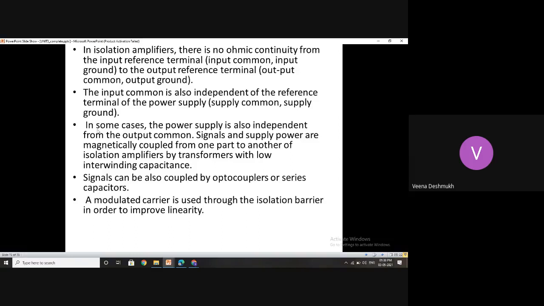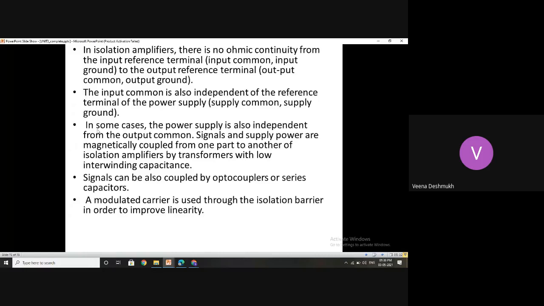Now modulated carrier means, all of us know what modulation is. On a specific carrier, if the signals are transmitted, the other signals which are nearby to this information signal, which is modulated, automatically get cancelled.